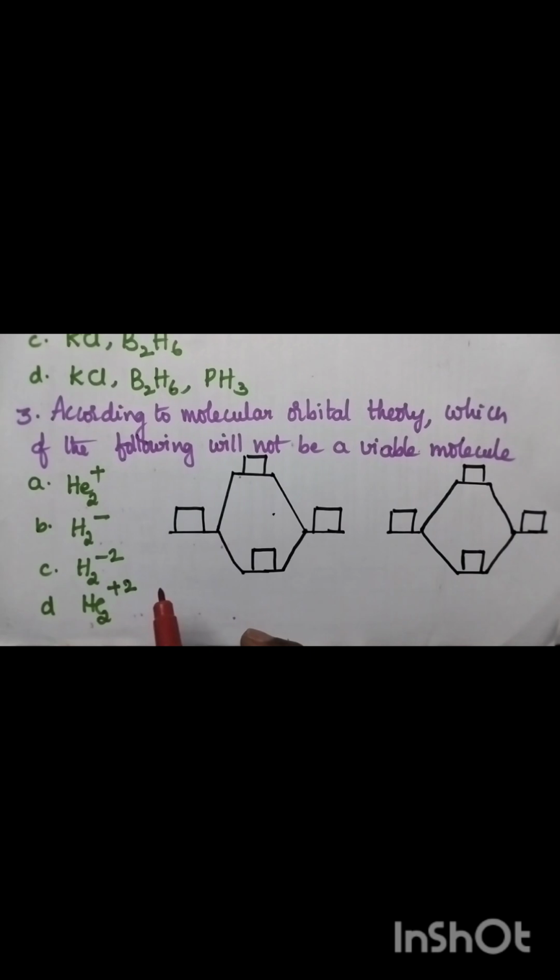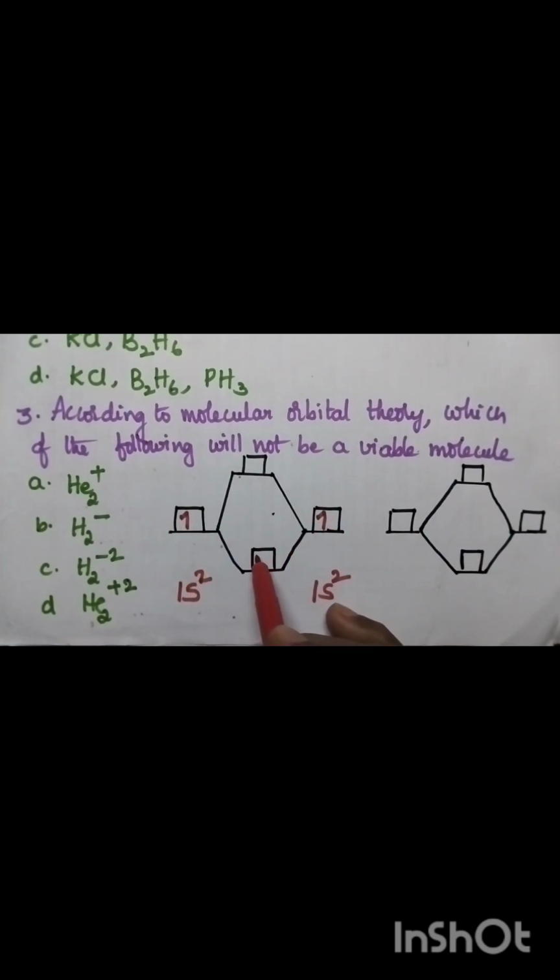So let us draw the molecular orbital diagrams of helium and hydrogen atoms. The atomic number of helium is 2 and its configuration is 1s2. Coming to He2 2+, here 2 electrons are removed from the helium, so they contain only 1 electron each.